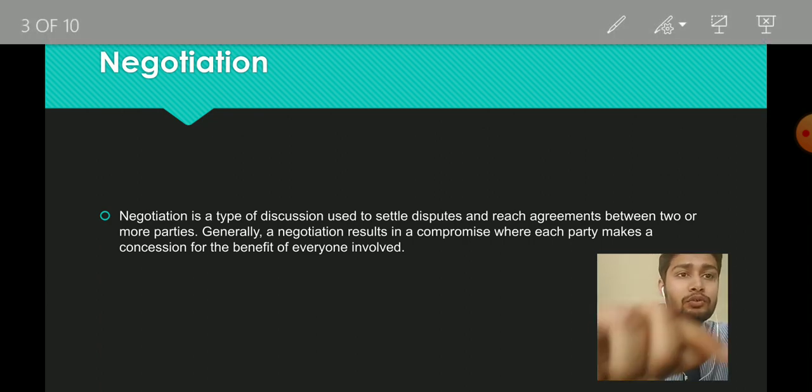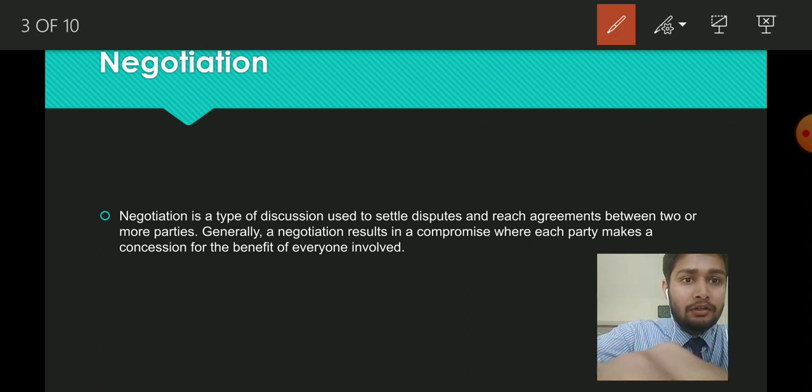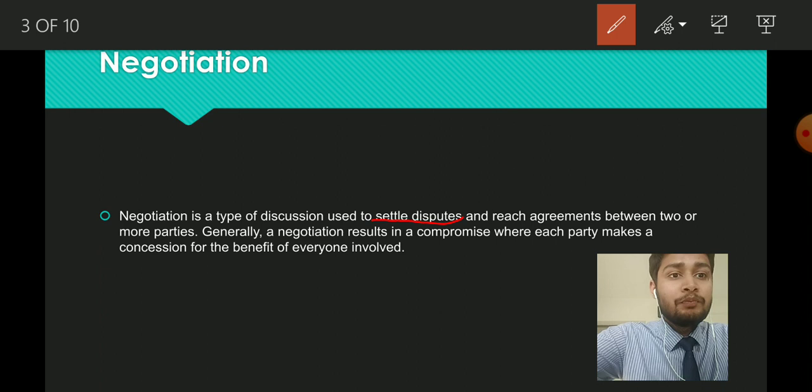Let me highlight this: the first is to settle the dispute and to reach the agreements. Now, negotiation happens between two or more parties.